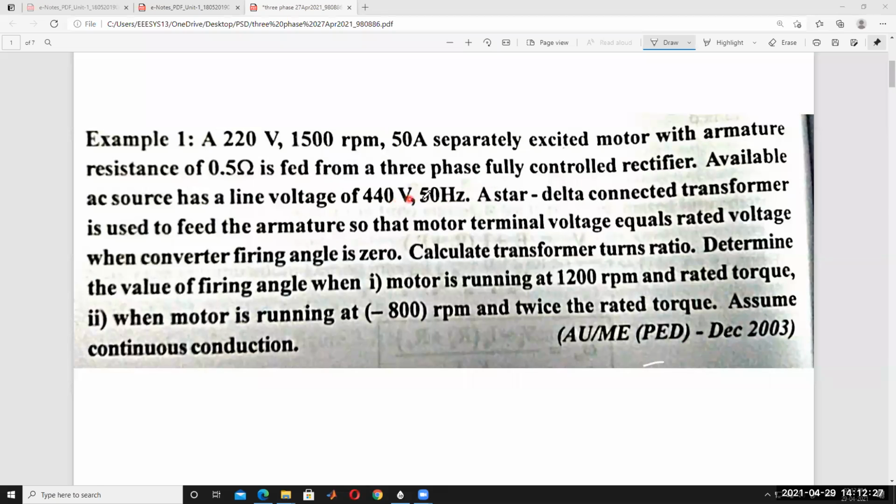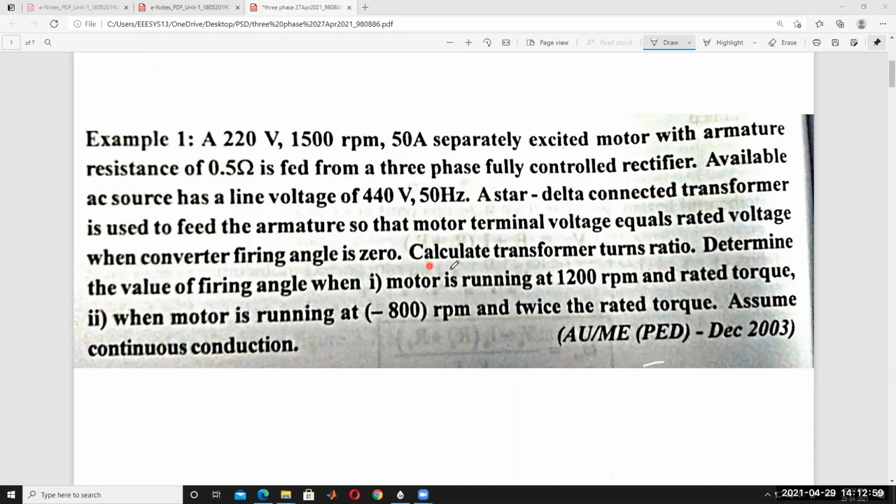So a star-delta connected transformer is used to feed the armature so that the motor terminal voltage is equal to the rated voltage when the converter firing angle is 0.